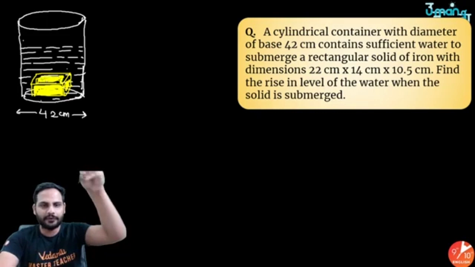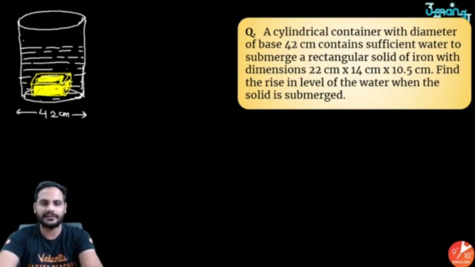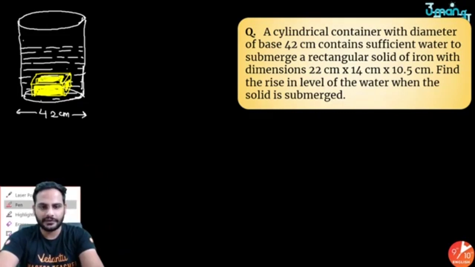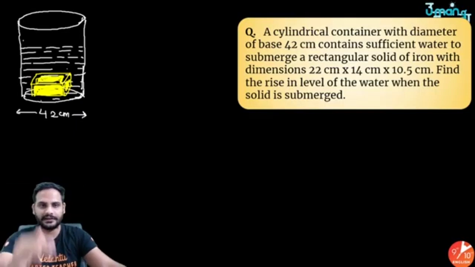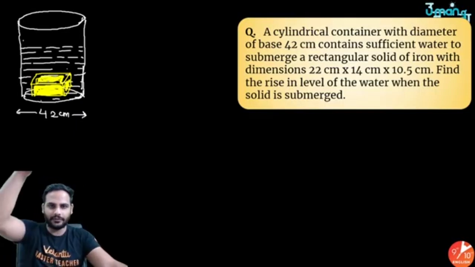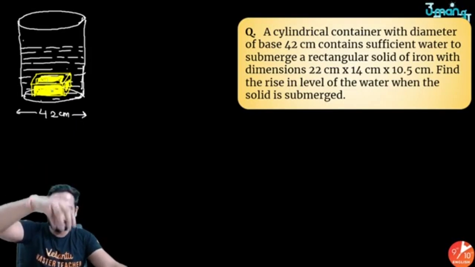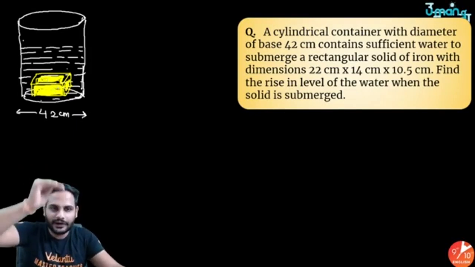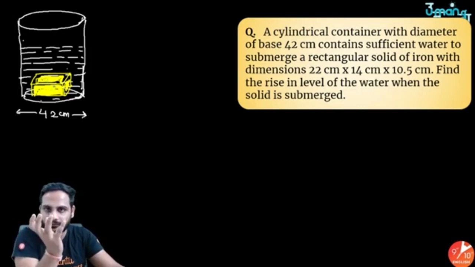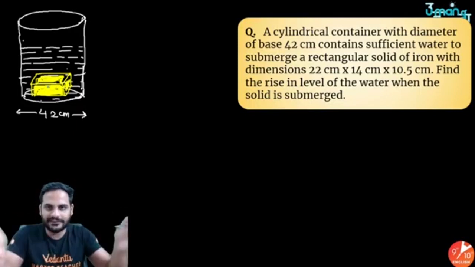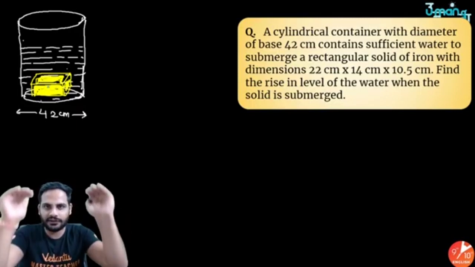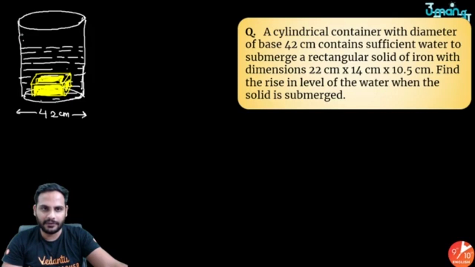But since I have dropped this box inside the cylinder, the water at the place where the box is right now has been displaced, so water will adjust itself. To adjust, the water is going to rise. So let us say because of dropping this box, the water is now up to this level.